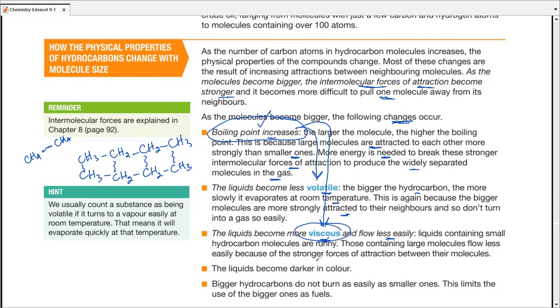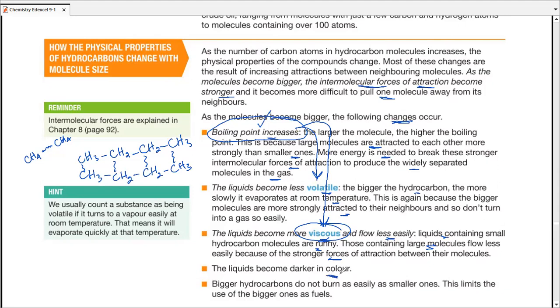Liquid hydrocarbons with small molecules are very runny, since they have fewer attractive forces, but the ones that have large molecules flow less easily because they have strong forces of attraction between them. Those forces play a role in posing resistance to flow, hence more viscous.